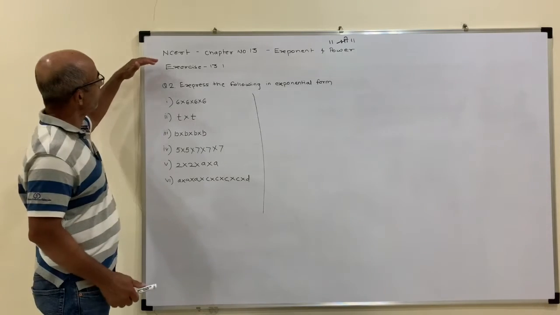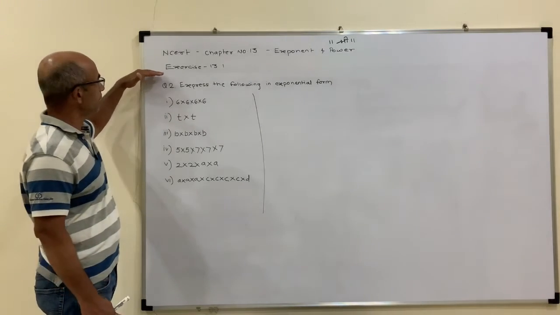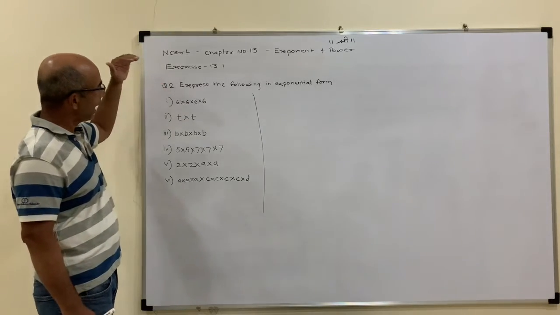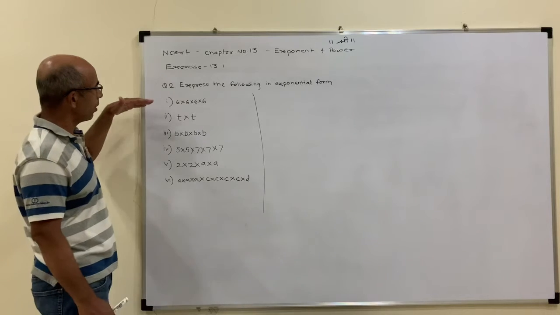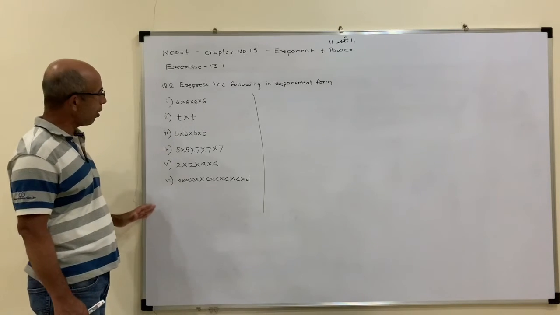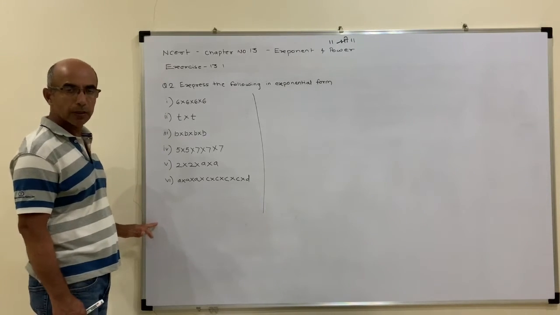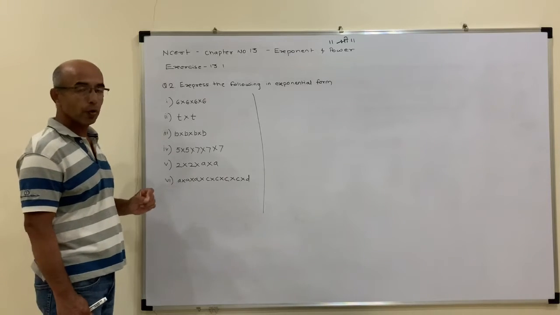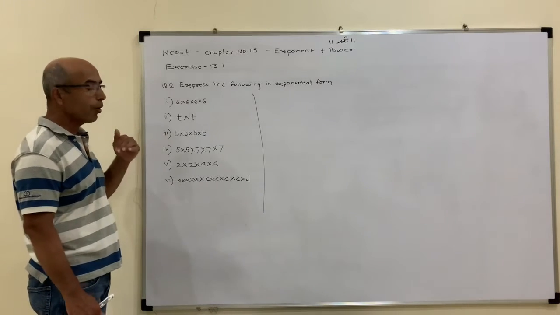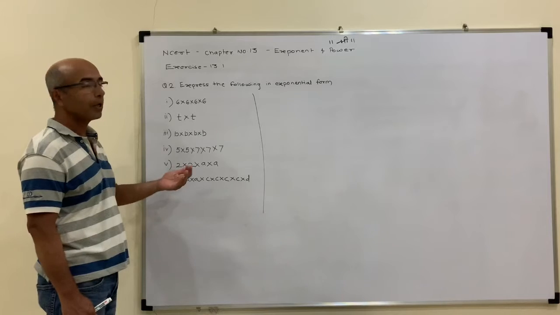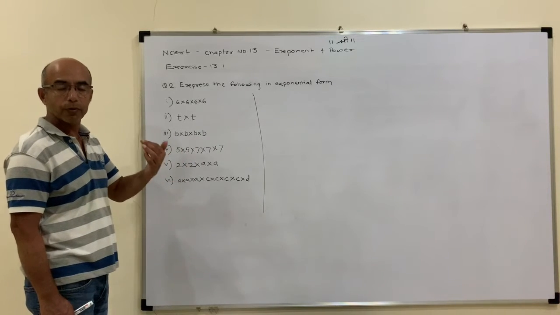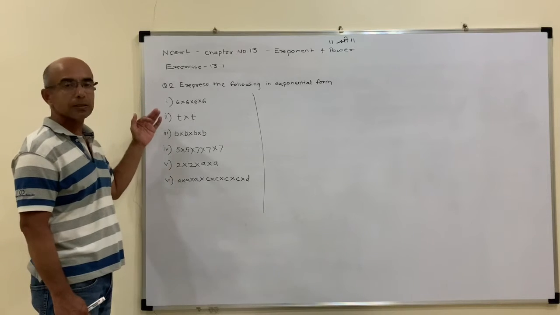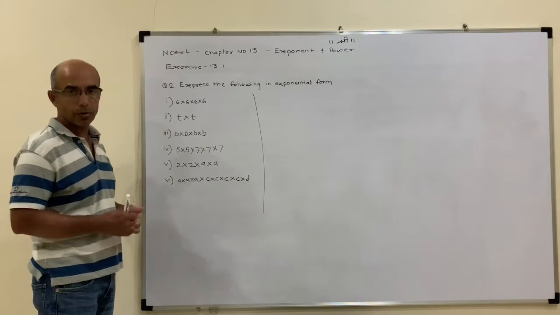Now exercise 13.1, question 2, express the following in exponential form. Again, I have written all the sub questions one after another. You can pause the video, solve on your own, and then play the video and compare, and check whether your answers match mine.